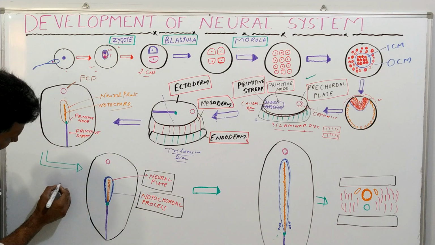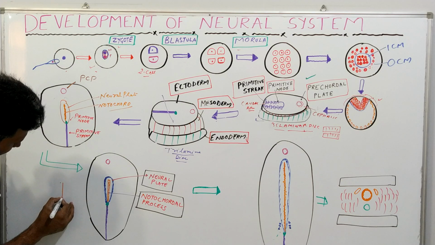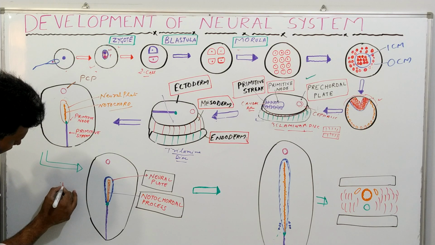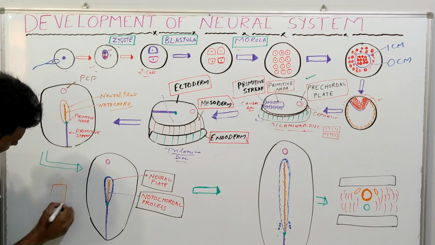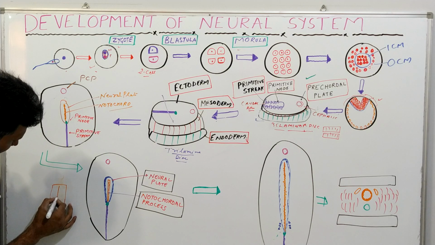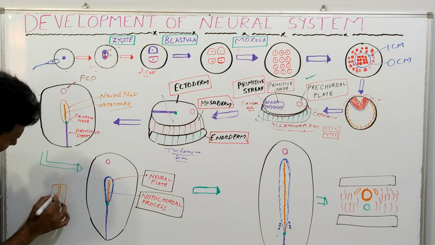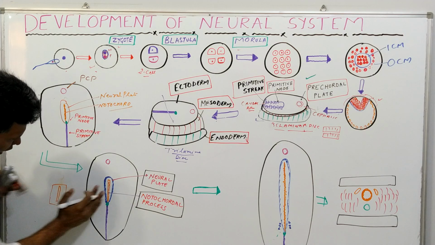It is just like that. Suppose this is your middle layer. When this middle layer is depressed and goes down, then the edges will come upward.